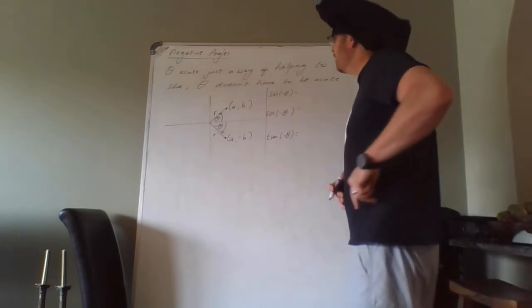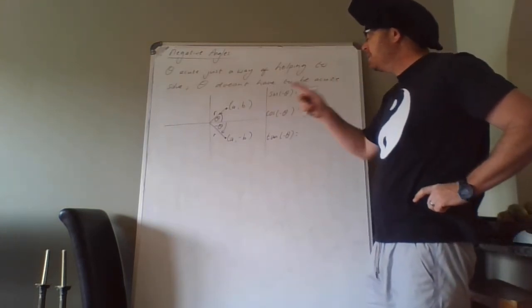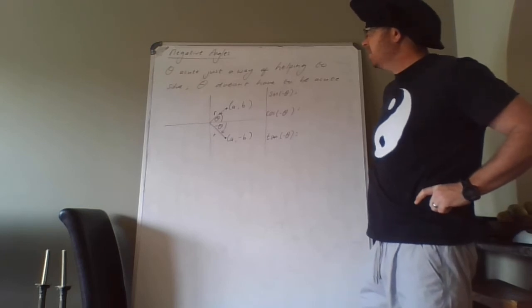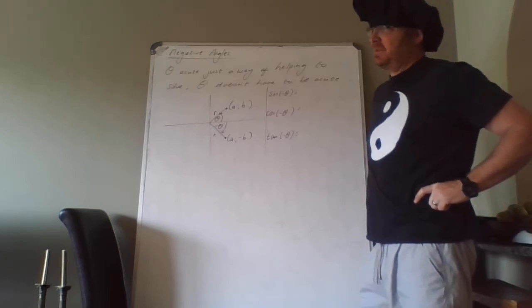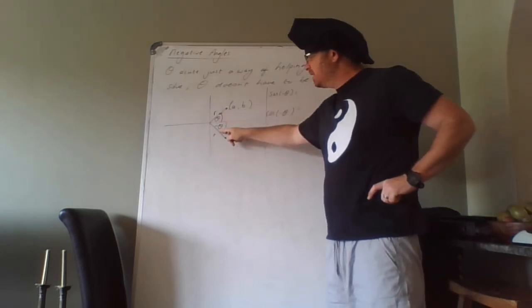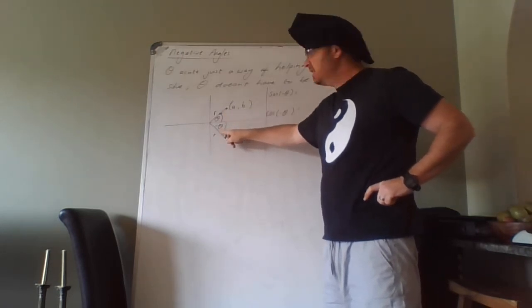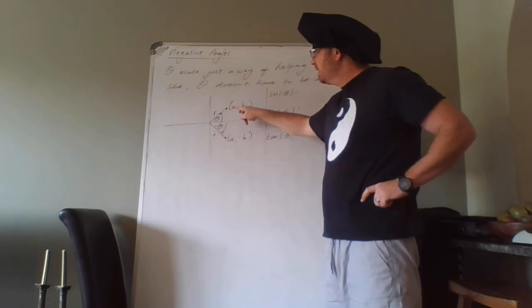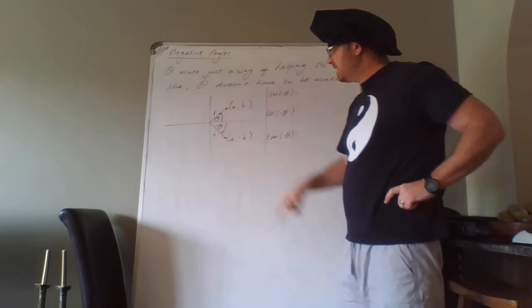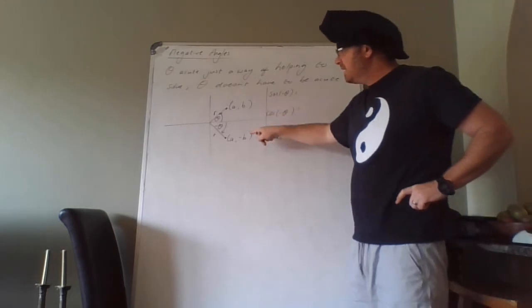A quick explanation of negative angles. Again, we're assuming that theta is acute, just as a way of helping to solve. Theta doesn't have to be acute though. So if I took an angle theta, and I had a radius of r, and then I went in the opposite direction, so it was negative theta, and I kept a radius of r, then if that was a and b, well, the x-coordinate there would be the same, that would be a, and the y-coordinate there would be negative b.